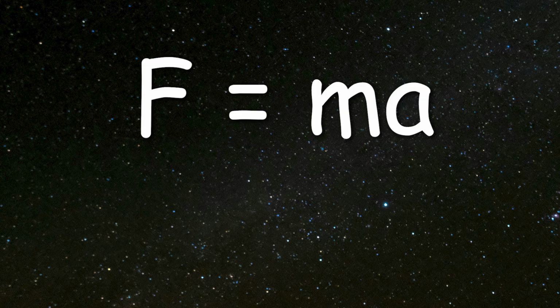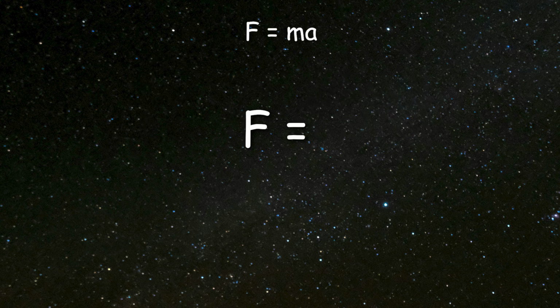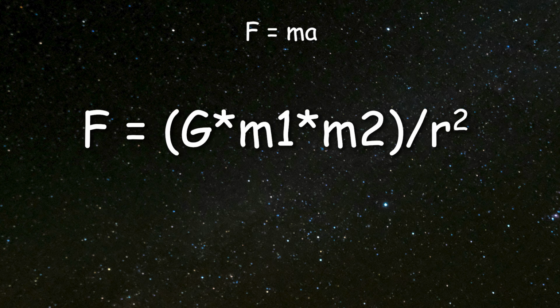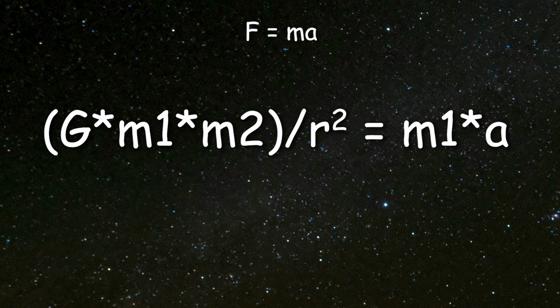Remember F equals ma. If we write F as the gravitational force expression, g times m1 times m2 over r squared, and substitute, we have g times m1 times m2 over r squared equals m1 times a, assuming that m1 is the mass we're currently calculating the orbital motion for.